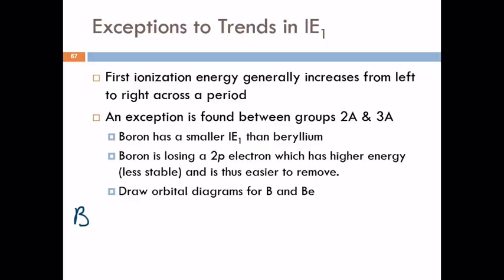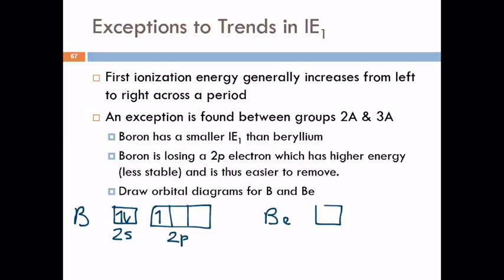Boron has 3 valence electrons: 2 in the 2s, and 1 valence electron in the 2p. Beryllium just has 2 valence electrons, and its 2p sublevel is empty.